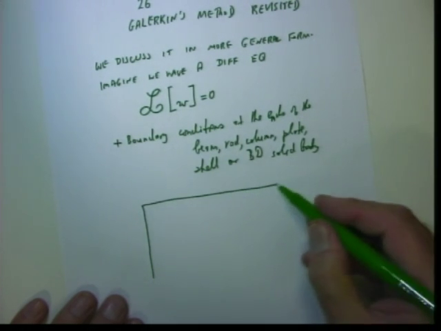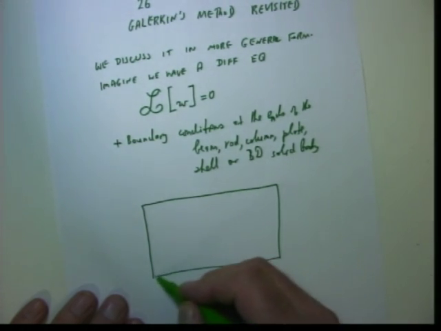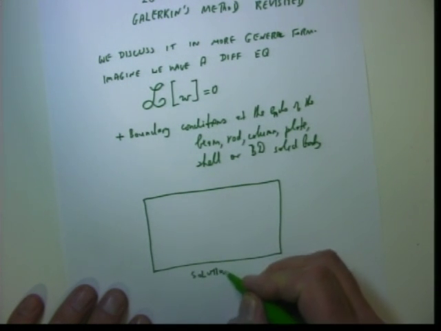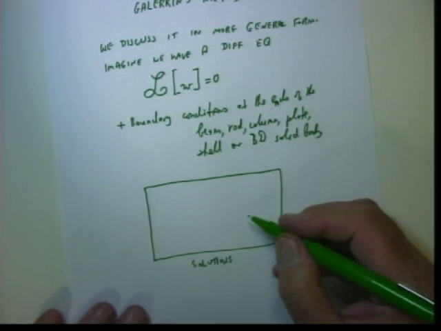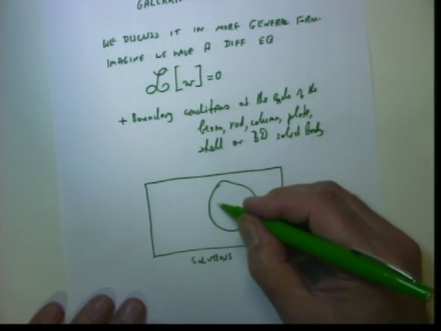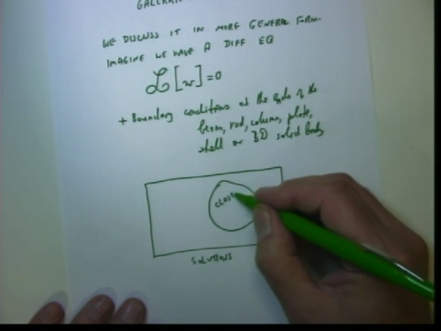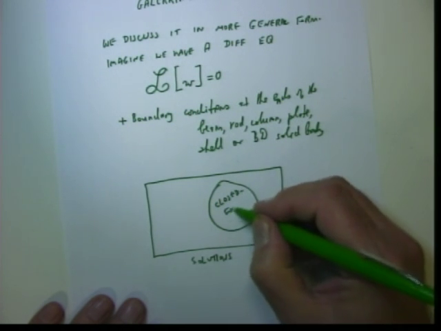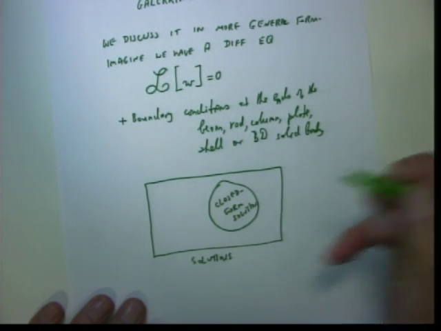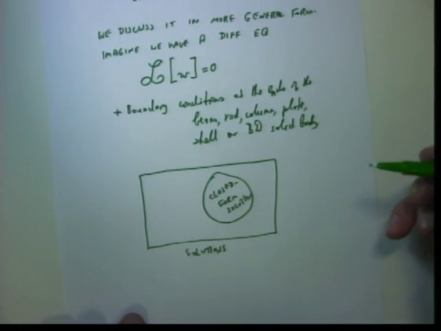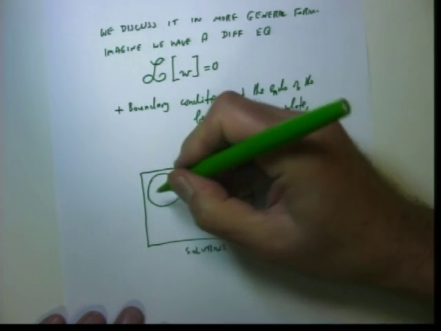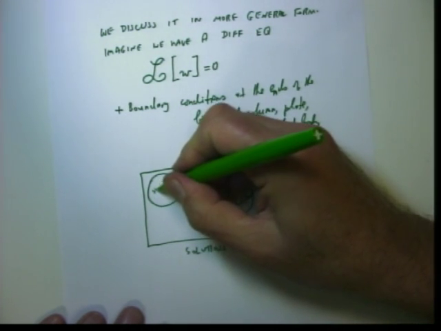So usually, what happens with this is solutions to the problem. Some problems have closed form solution. Some problems have maybe series solution.